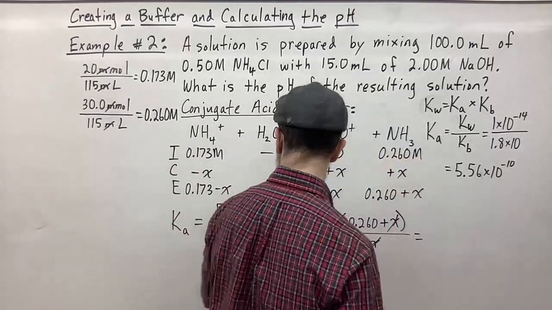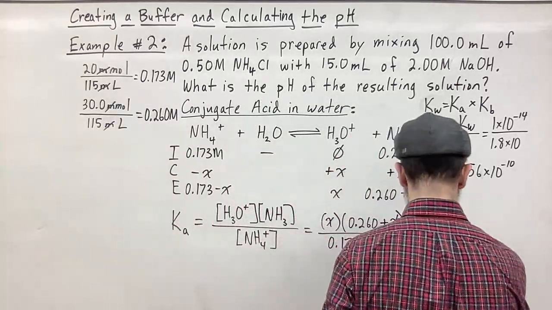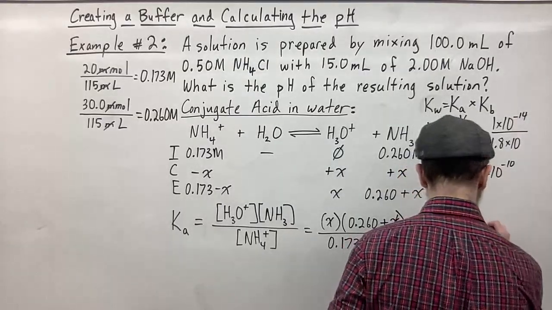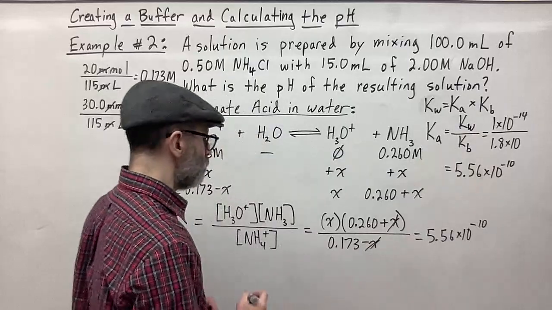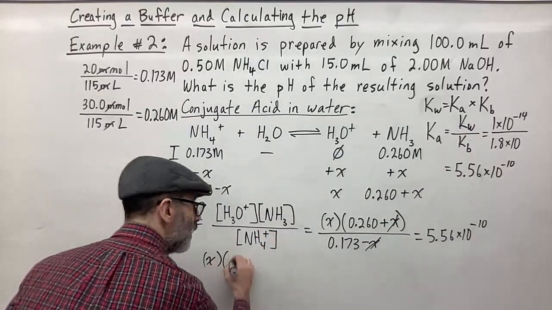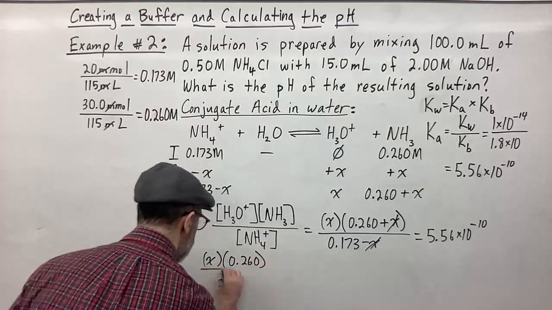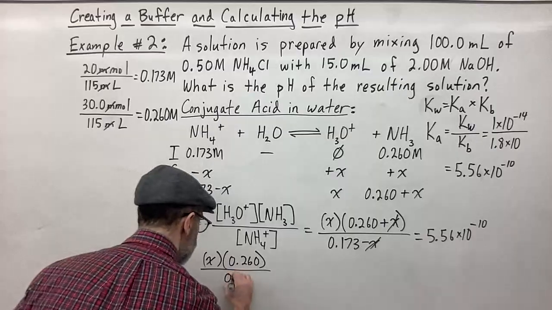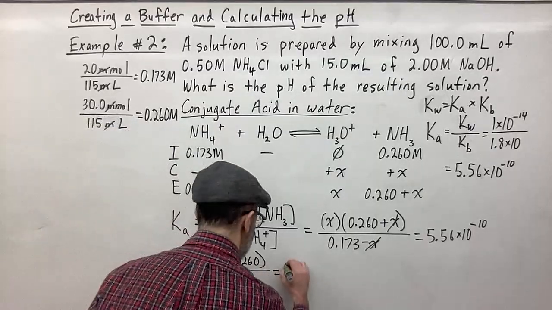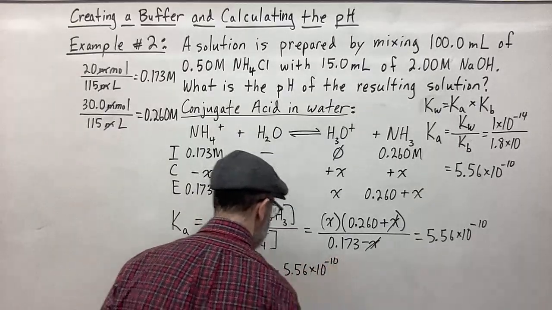So remember the Ka value we calculated is this here. So that's going to be equal to 5.56 times 10 to the negative 10. So here we have x times 0.260 over 0.173, and that's equal to 5.56 times 10 to the negative 10.